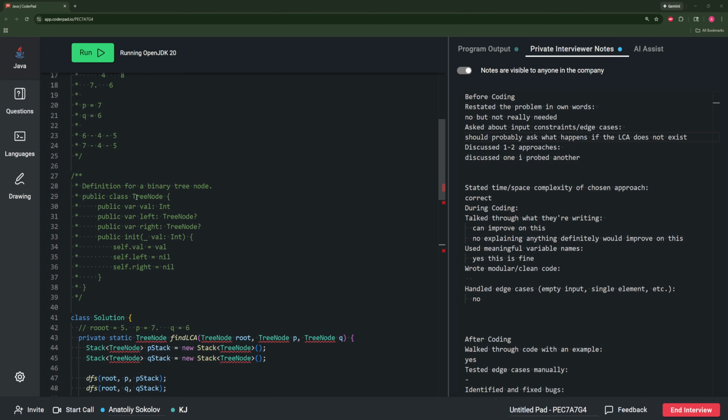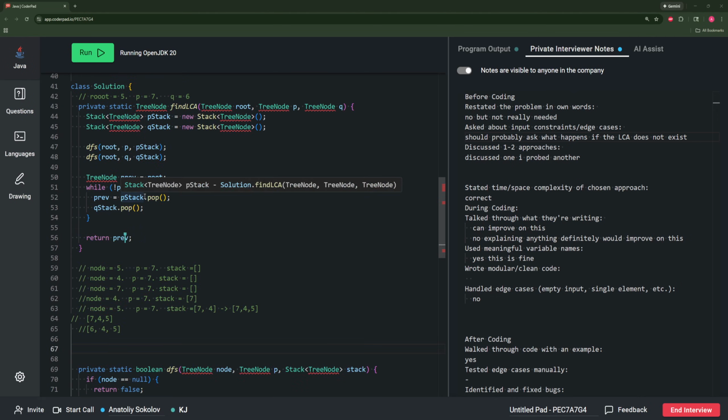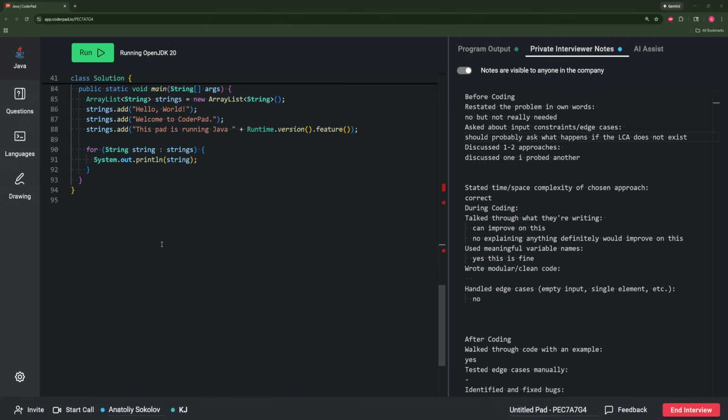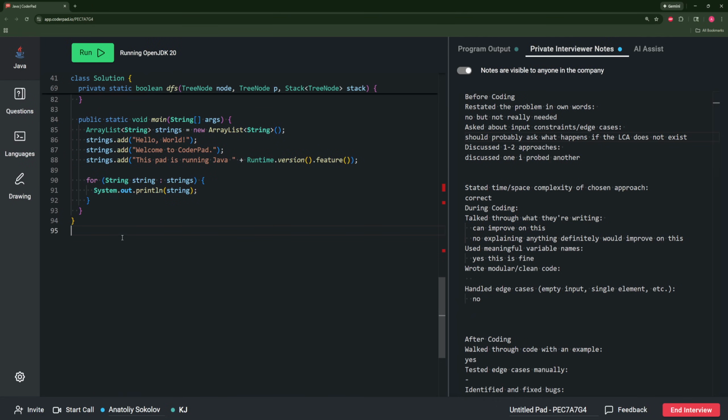Yeah, again, if the tree is empty, that's also another case. But basically P and Q need not be part of the tree, so that's an edge case. Okay. Got it. Sounds good. Okay, we can move on to the second one.